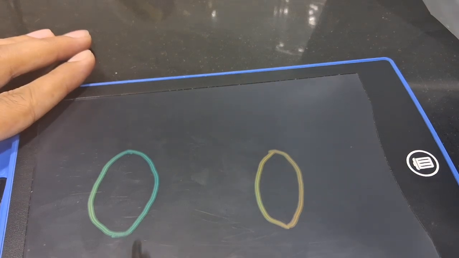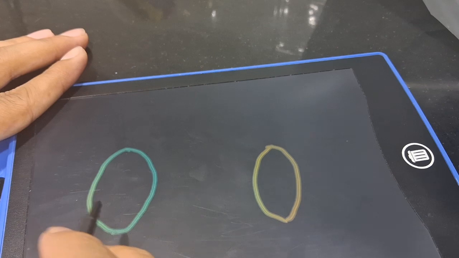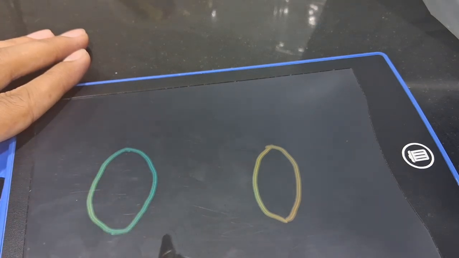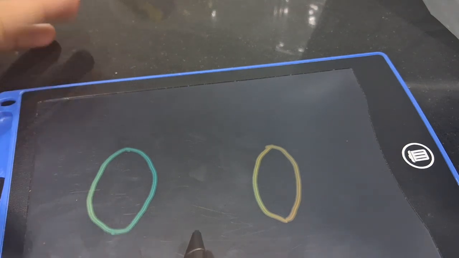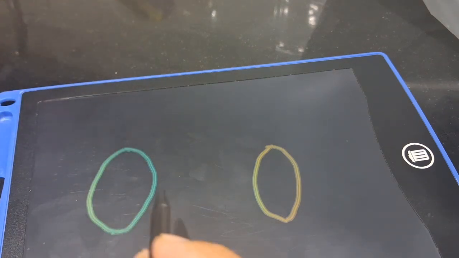So what is the cell wall? Every cell has a protective layer that is called a cell wall. Like in human beings, we have skin that is very thin, bacteria also have a protective layer that protects their cell, called the cell wall.